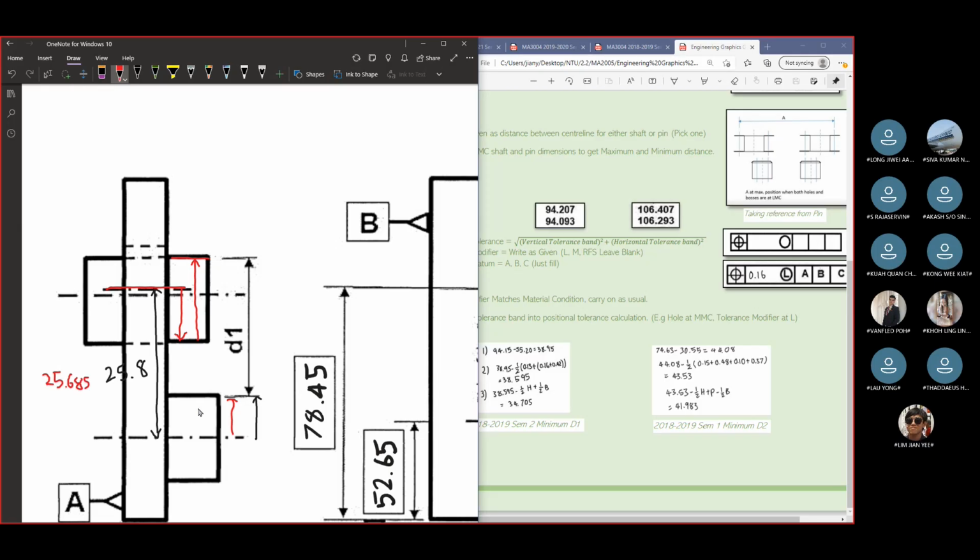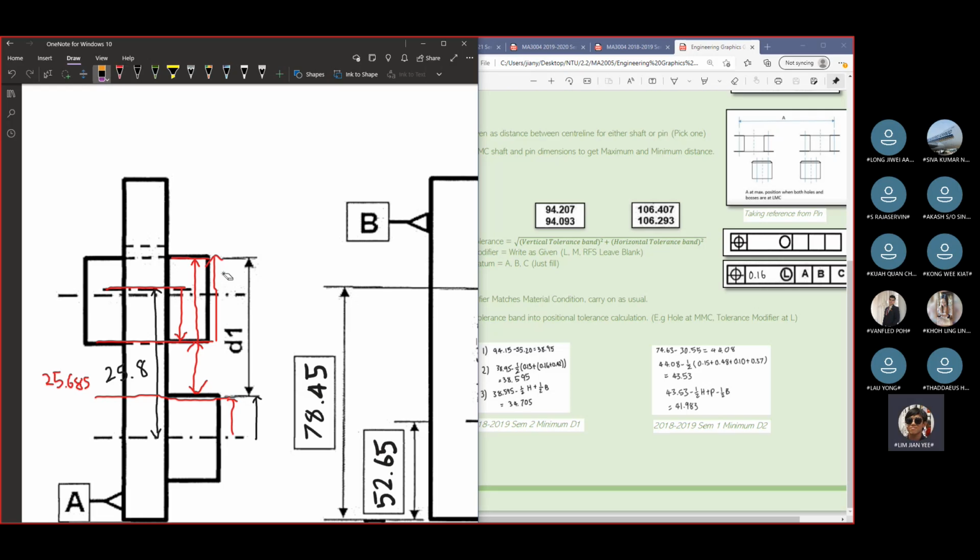You minus half the pin, and then you'll be at the bottom of D1. Then you minus half the hole, and you find this distance. Then you add the entire pin, so you go up by the pin. Then you get your D1.